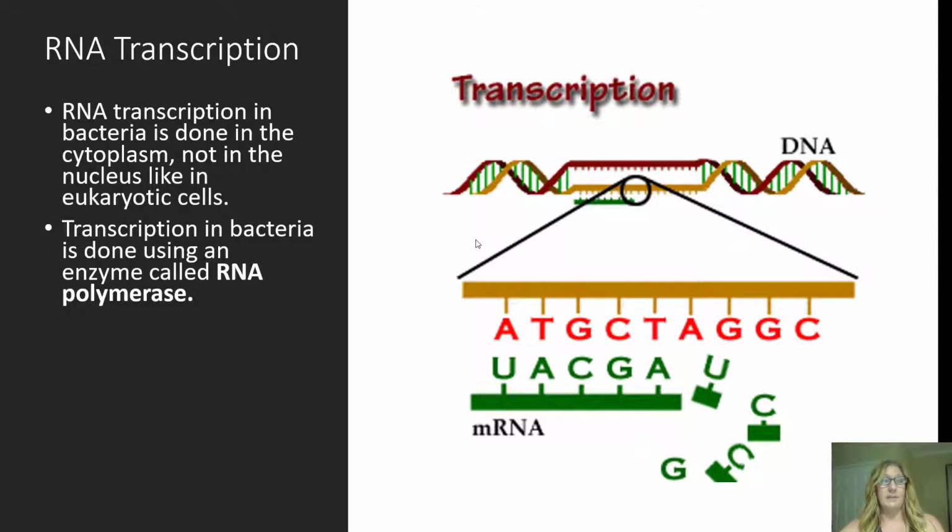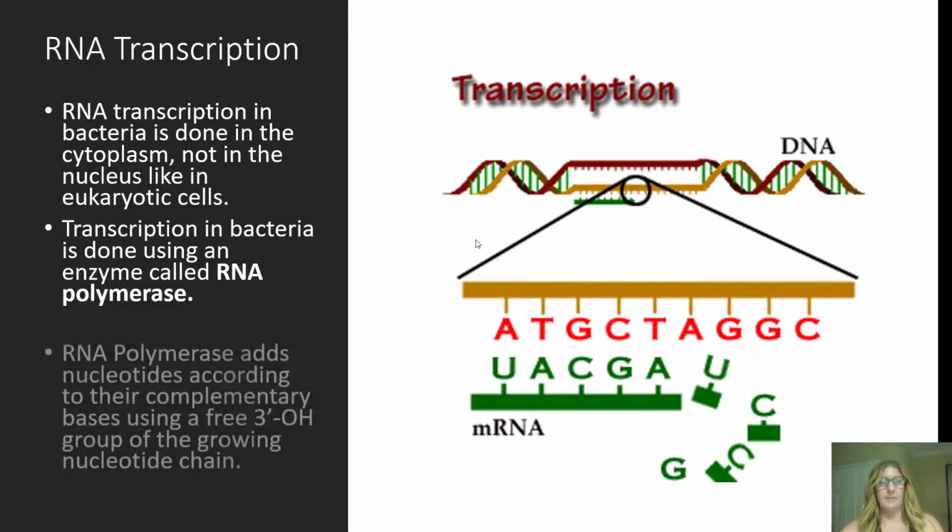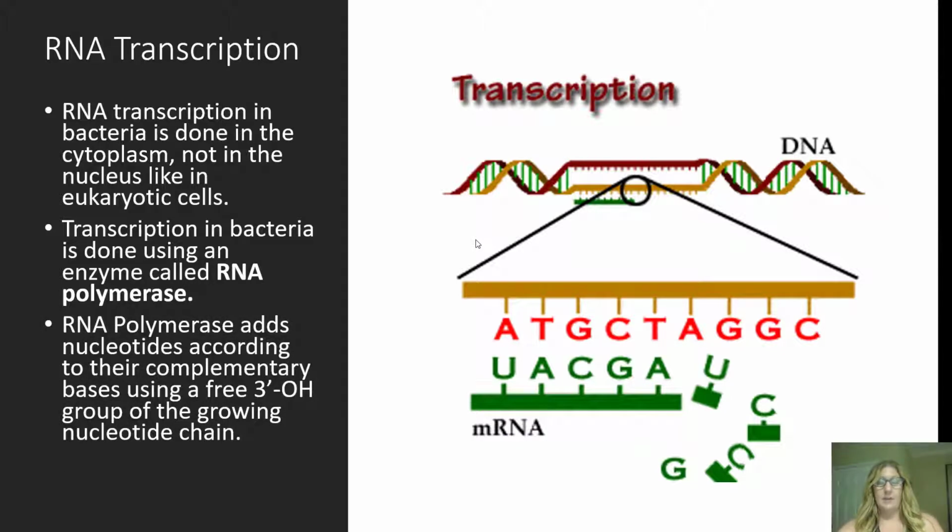Transcription in bacteria is done using RNA polymerase. And the RNA polymerases are going to add nucleotides according to the complementary bases. And they add them on using the free hydroxyl group that is just out there waiting for new nucleotides to be added.